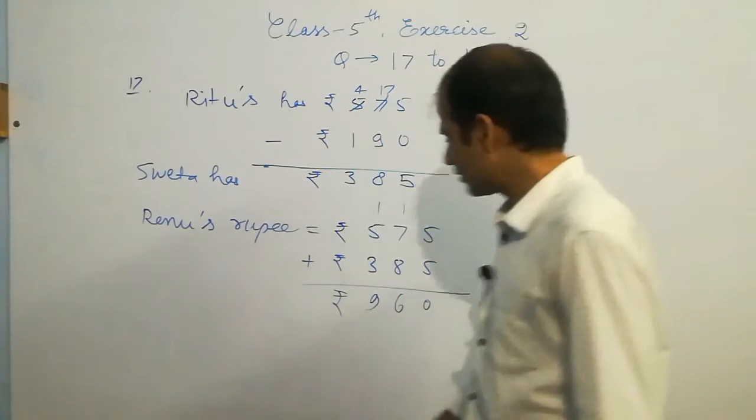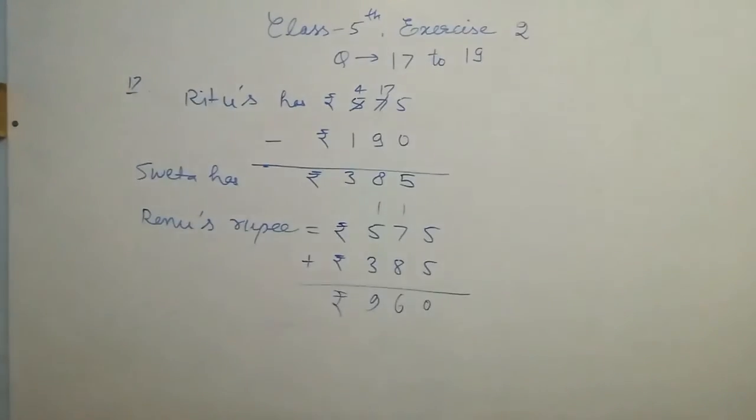And it is rupees 960. So the answer is Renu has rupees 960. It is the question number 17 of exercise 2. So question number 17, it is rupees 960.